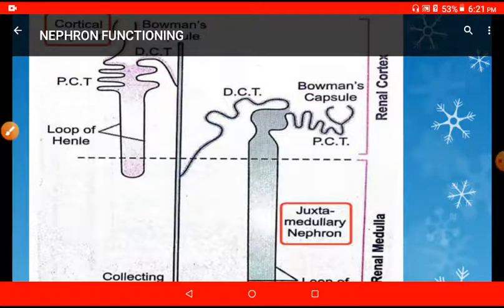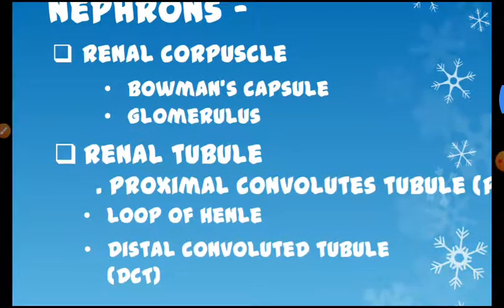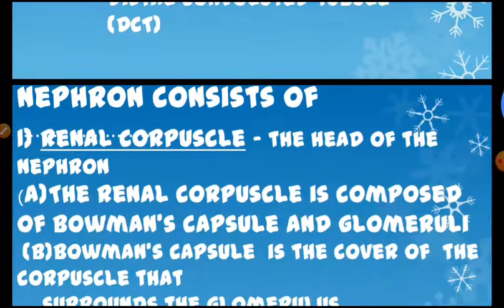When we move to the structure, renal corpuscle and renal tubules are the main two parts. Renal corpuscle is divided into Bowman's capsule and glomerulus, and the renal tubule is divided into proximal convoluted tubule or PCT, loop of Henle, then DCT or distal convoluted tubule.